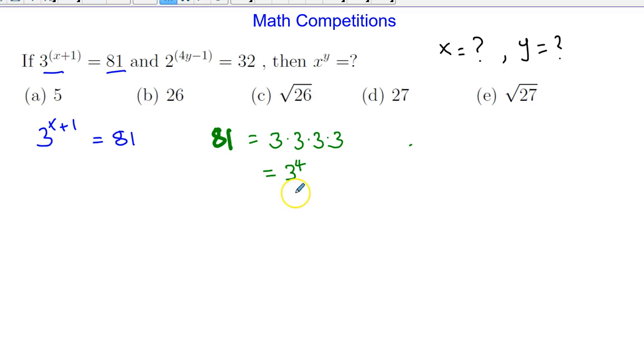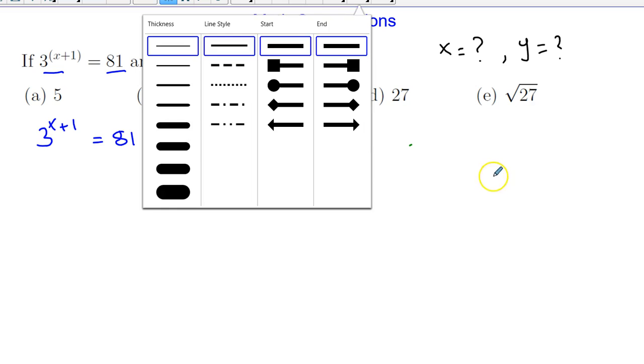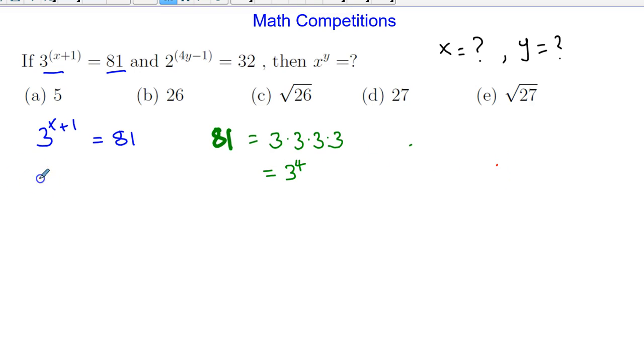And why do we have to write it as 3 to the power of 4? So that the base on the left hand side will be the same as the base on the right hand side. That is, 3 to the power of x plus 1 is equal to 3 to the power of 4.